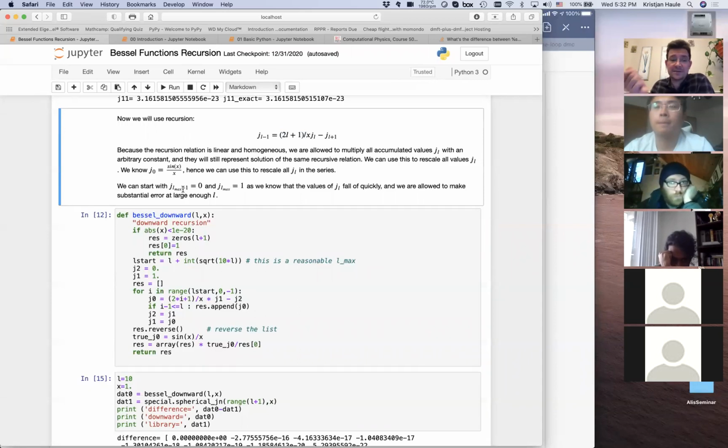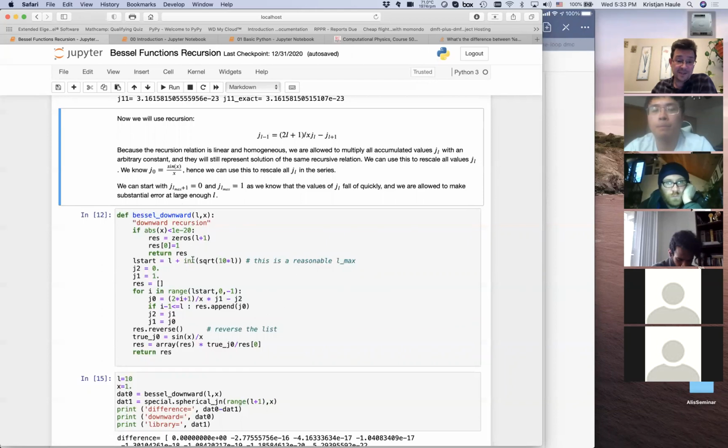It has to be bigger than L, because we want to start high enough so that by the time we come down to L, the precision is already pretty good. The reason we can use this type of algorithm is that by doing recursion downwards, we're actually gaining precision with every operation rather than losing precision. That's interesting.